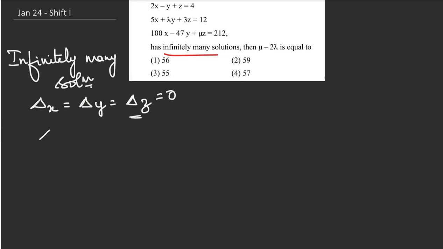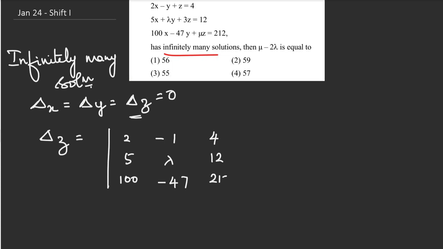Let me take delta z is equal to 0. Therefore, delta z will be the determinant with first column 2, 5, 100, the coefficients of y in the three equations minus 1, lambda, minus 47, and the constants in the third column 4, 12 and 212.